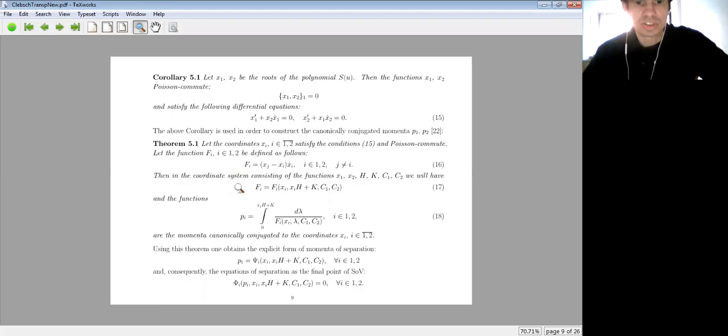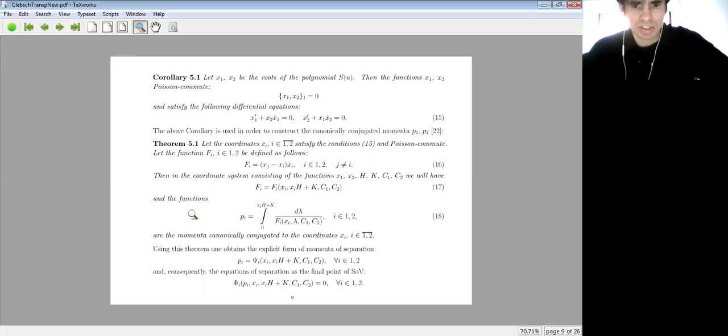Then in the coordinate system consisting of the functions x1, x2, h, k, c1 and c2, we will have that phi i does not depend on xj, formula 17, and the function pi defined by formula 18 gives the momenta canonically conjugated to the coordinates xi.